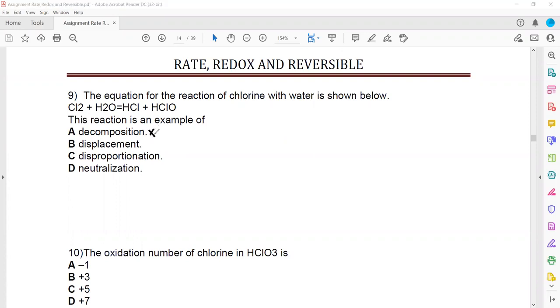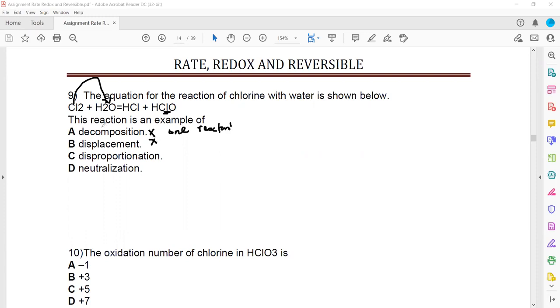For decomposition, the condition is that we have only one reactant and more than one product. So it cannot be a displacement. Displacement is when the more reactive element displaces the less reactive from its compound, but this is not a displacement. Why? Because if chlorine displaced this oxygen, then the other compound should not have chlorine. So that's why it is not displacement.